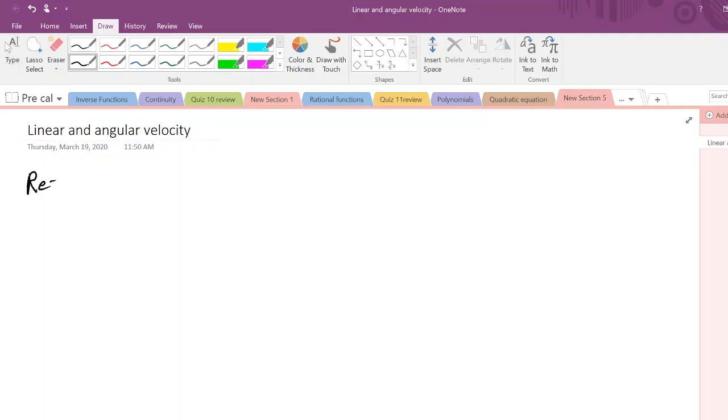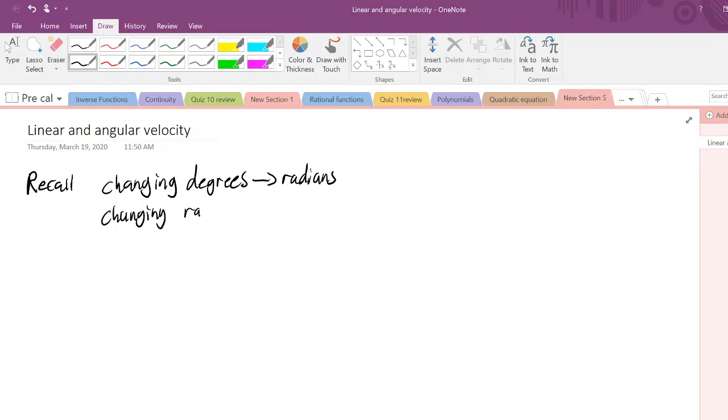So recall changing degrees to radians, changing radians to degrees, and evaluating sine and cosines, and or tangents.